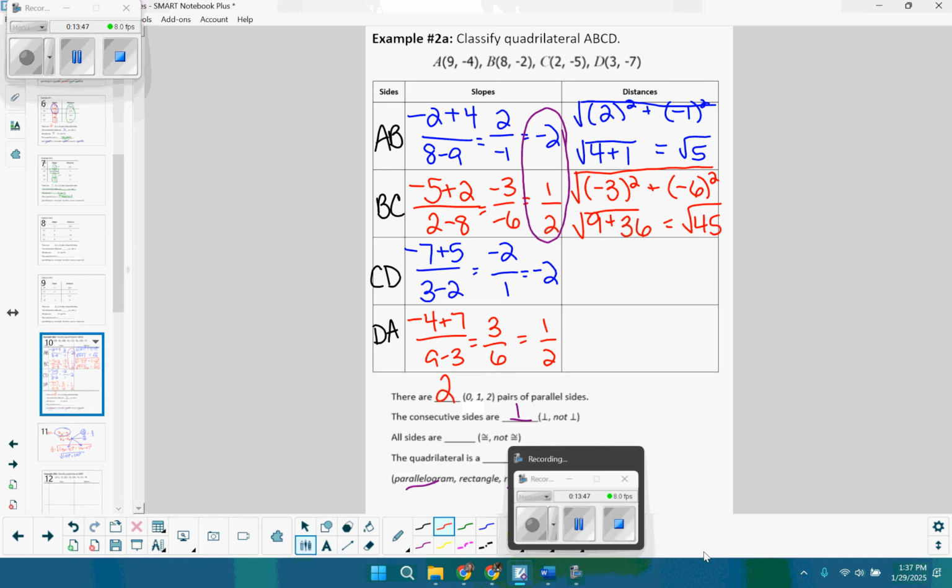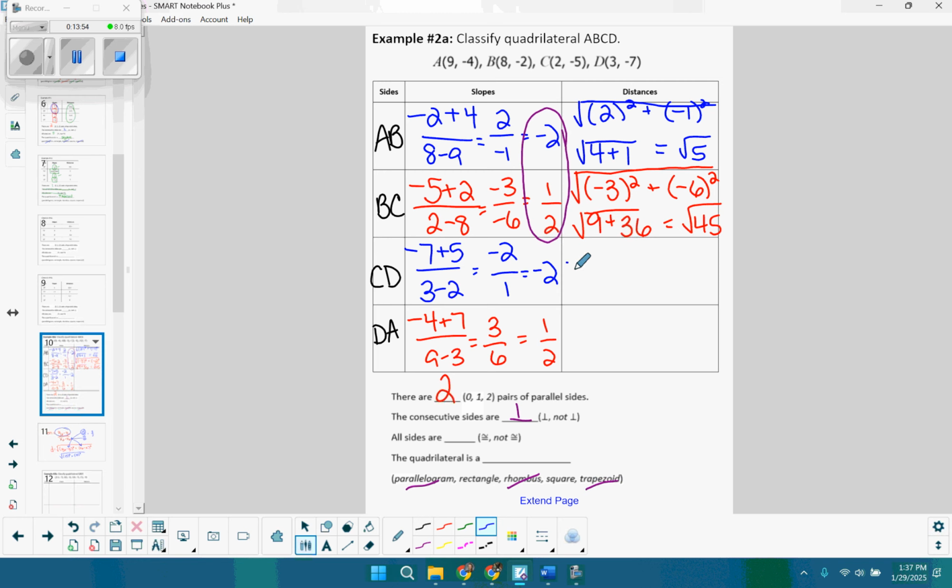I could probably already tell what the shape is going to be. I'm going to keep doing my work just in case. So this is -2 squared plus 1 squared. 4 plus 1 is 5. And this is 3 and 6. So 3 squared plus 6 squared. 9 plus 36 is 45.